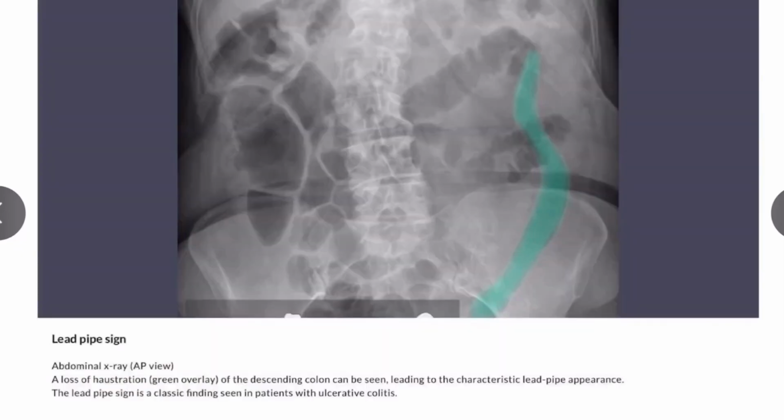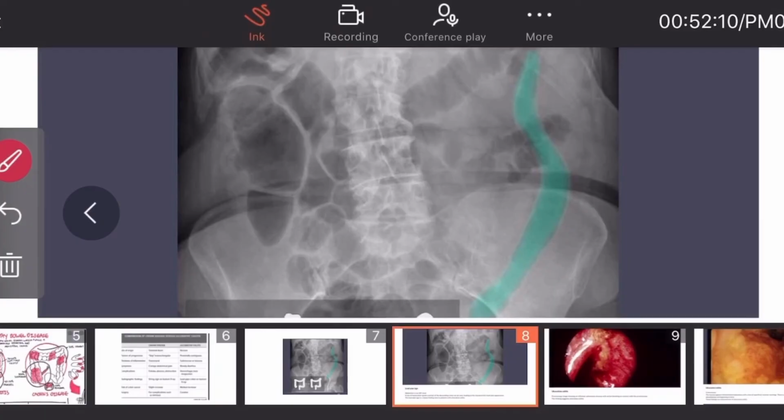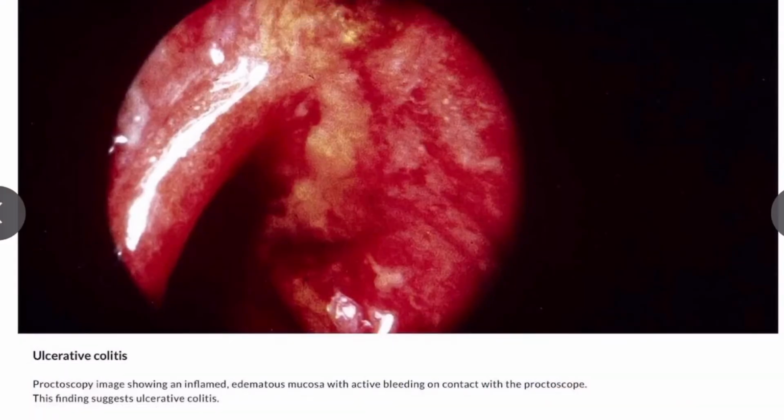Now look here, the lead pipe sign. The lead pipe sign will show on abdominal X-ray, and there will be loss of haustration in ulcerative colitis. You can take a biopsy and find edematous mucosa and inflamed mucosa in ulcerative colitis.